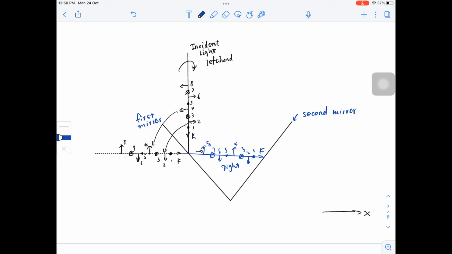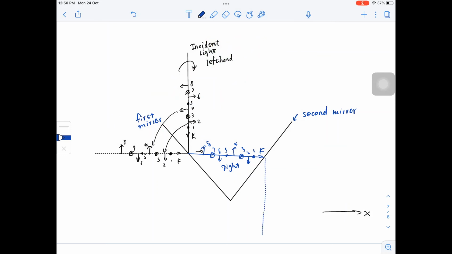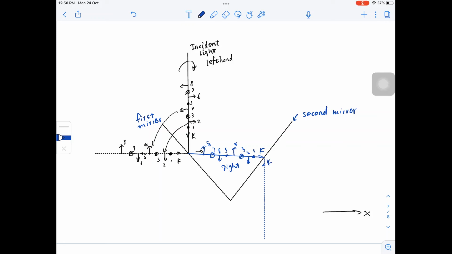How this gonna work? Again, I will draw the help line. Okay. 1, 2, 2 become this. 3, 4. For this one, 5, 6, 7, 8.